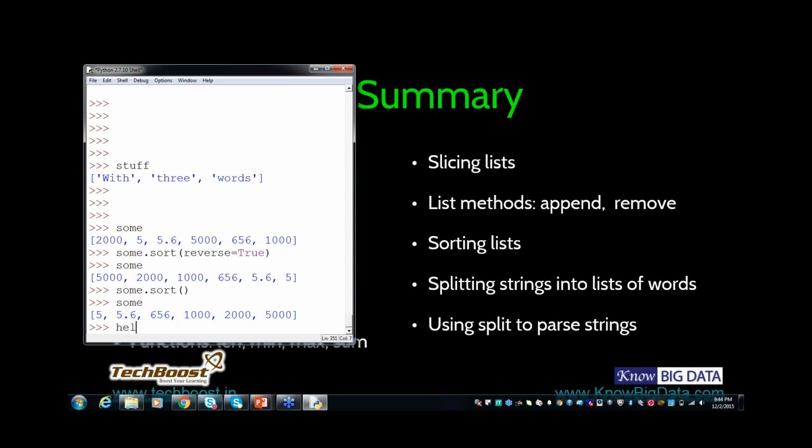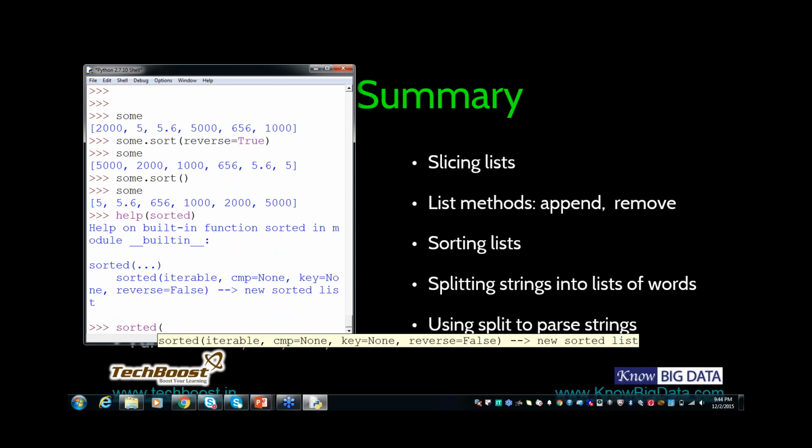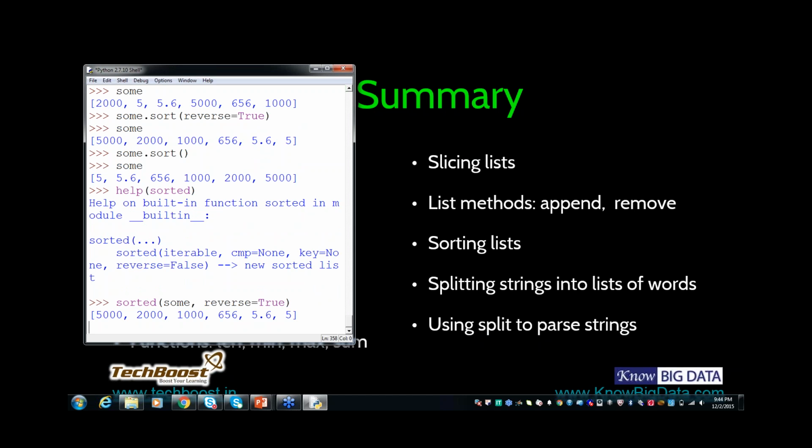Let me see help on sorted. Do you get this? Okay, so help tells us how do we use that. So we say sorted of sum, and then the same reverse equals true. All right, it works.